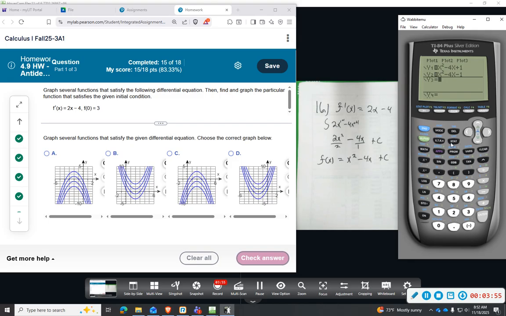Clear this out. Alright, we're going to graph these. Their window is a little bit different, so if I want to see exactly what they're saying, I would have to change my window. X is going from negative 6 to 2, or negative 2 to 6, depending on which one. So just based on the shape, it looks like B is the one we want.